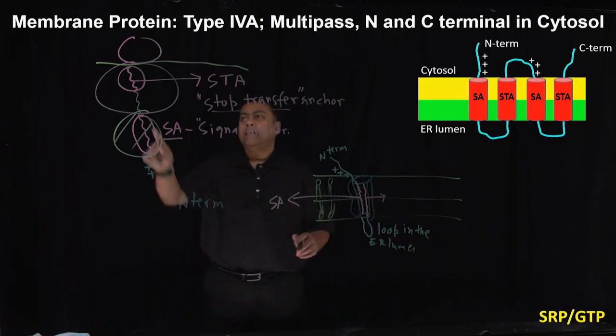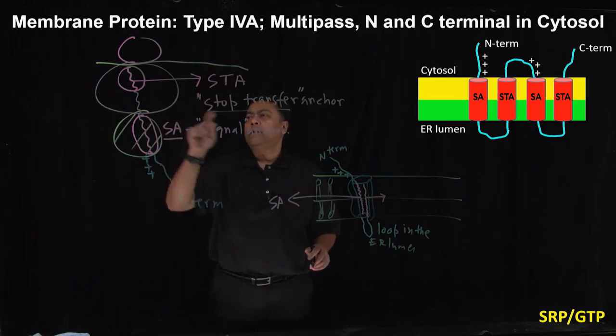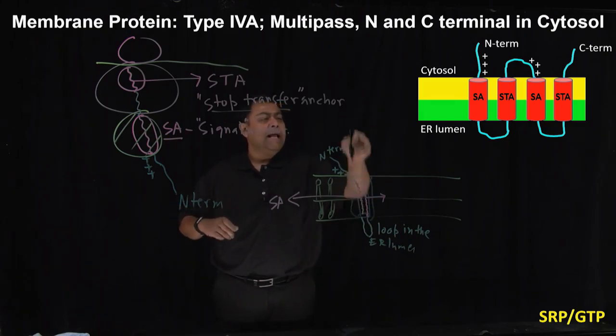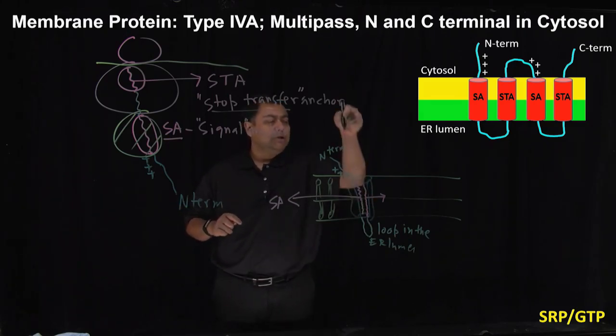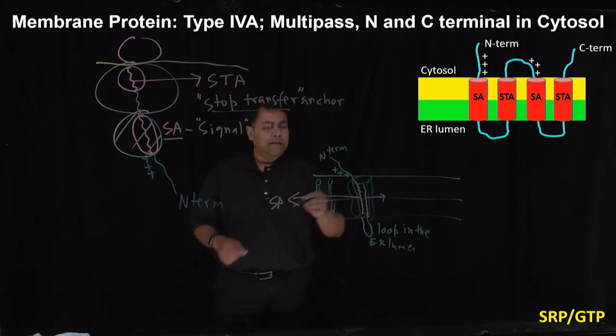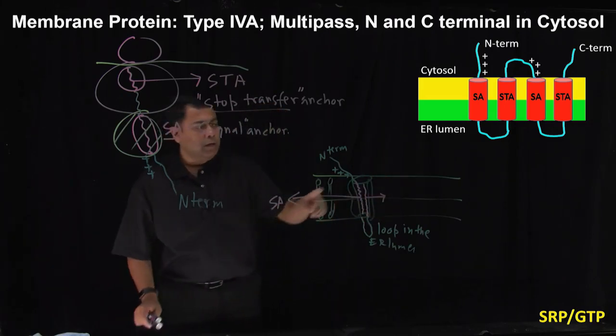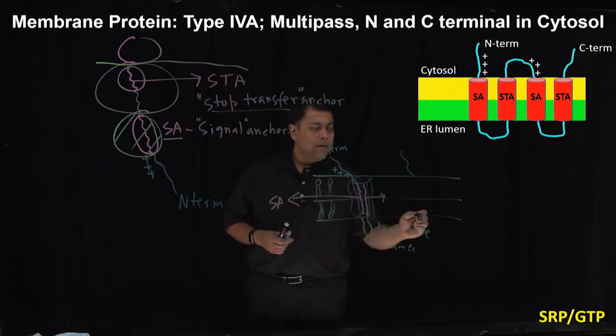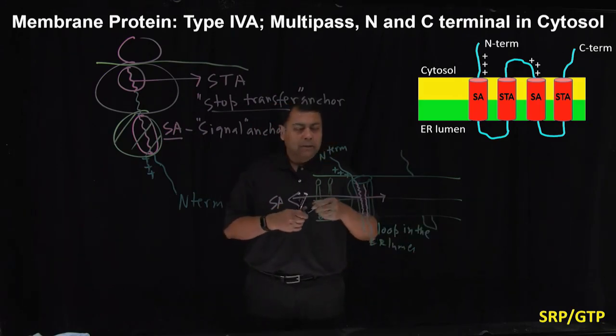That's the reason that the stop transfer anchor sequence, as soon as it appears, interacts with the translocon and essentially doesn't allow the ribosome to push the polypeptide further. So how will this same protein look once it is inserted into the membrane? It will look like this.